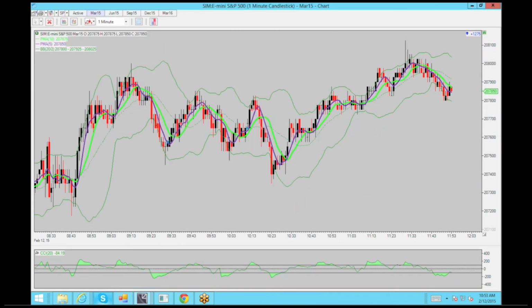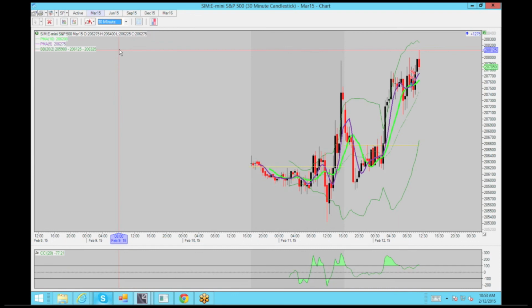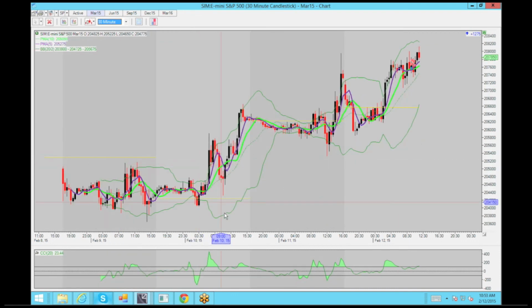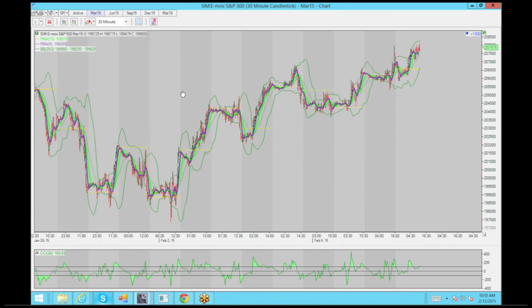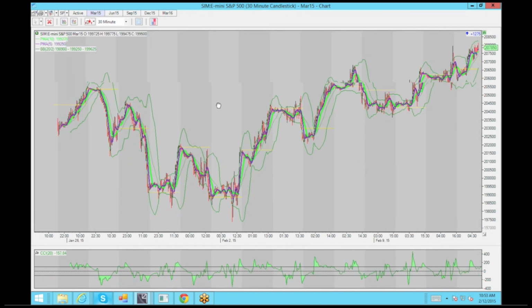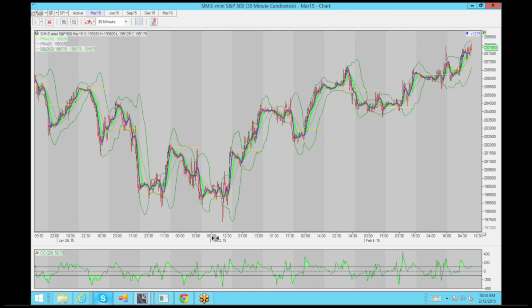Really, when I'm looking at my larger time frames, so what you're asking, when I'm looking at my 30-minute chart, I'm not really paying much attention to moving averages. All I'm trying to do when I'm zooming out and looking at a 30-minute chart is get an idea of key levels. You guys can see, this is a pretty good low.